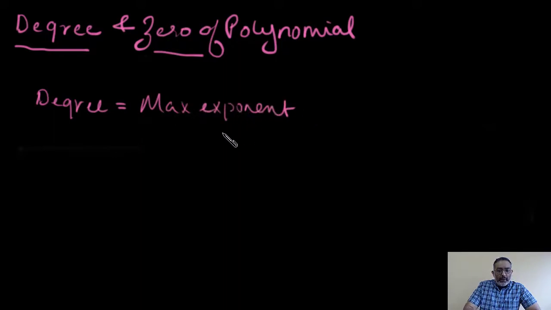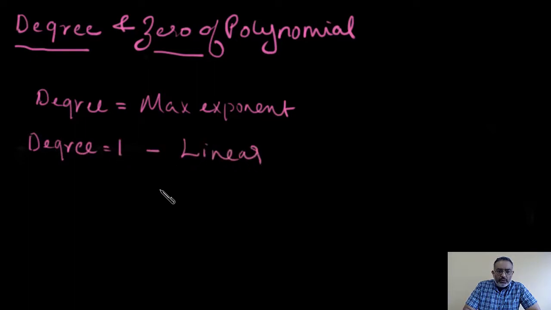So let me recap the key points here. First is that the degree of a polynomial is the max exponent or power of the variable in that polynomial. Second is that if the degree is equal to 1, then we have a linear polynomial.